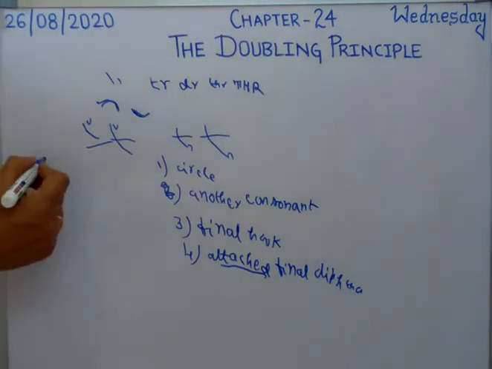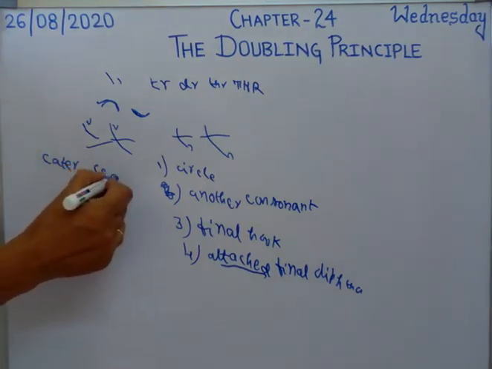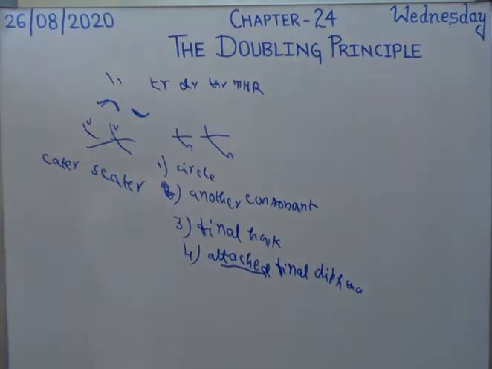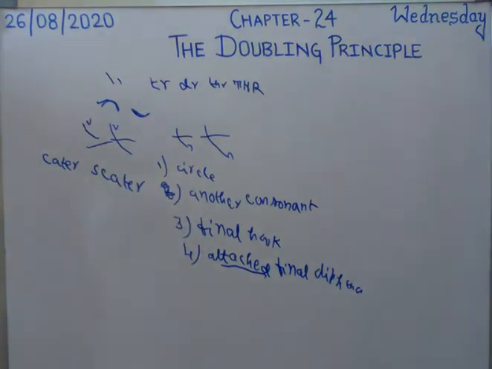You see these words: cater and skater. K is a straight stroke. To double this, to add the sound of ter, any one of these conditions should be satisfied. Let us see whether any one of the conditions is satisfied. There is no circle.